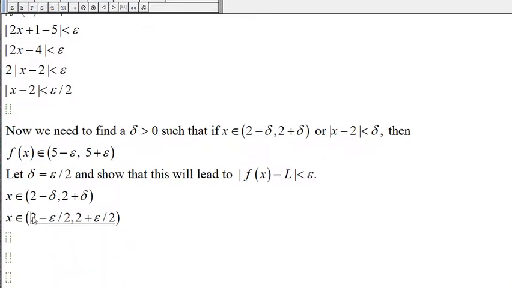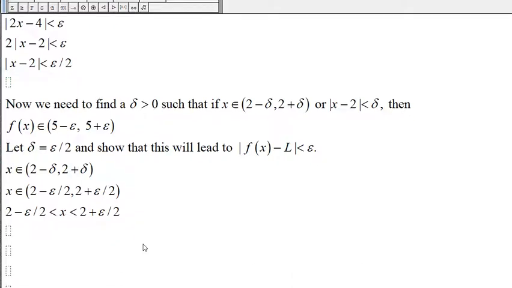And this again says that x is between this and that. And now we subtract 2 from everything, and then multiply everything by 2.